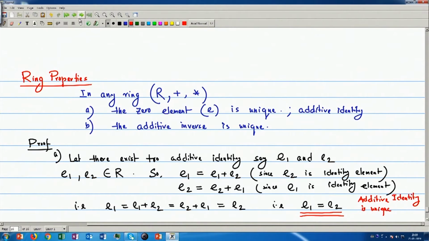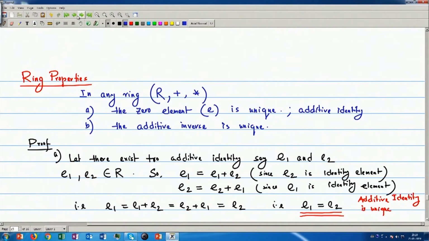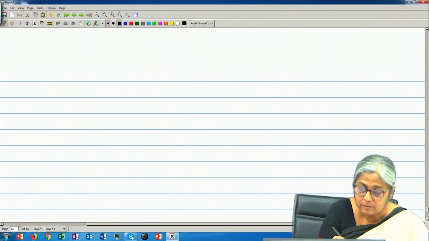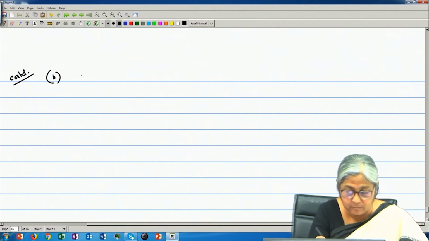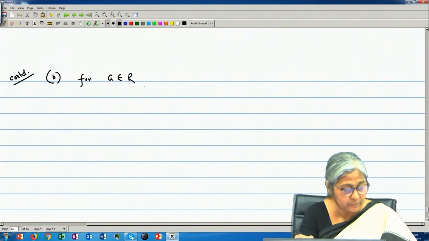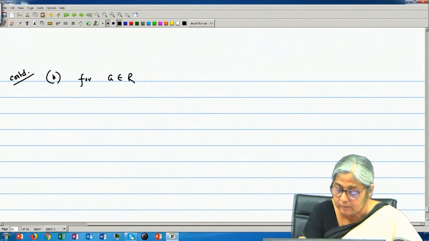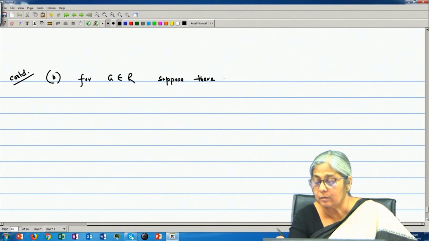Now, what about the additive inverse? For the additive inverse, that means my b part. So, for a belongs to R, suppose there are two elements.